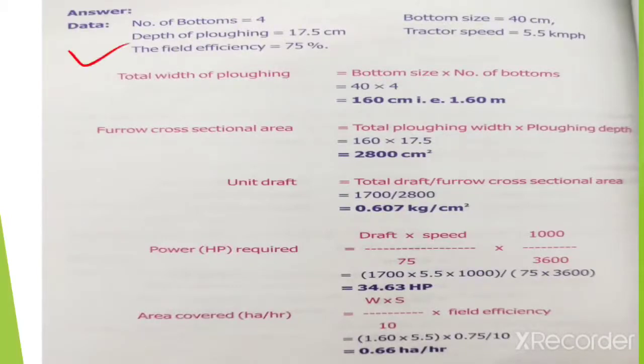This is the data given here. Number of plow bottoms is equal to 4, depth of plowing is equal to 17.5 centimeter, field efficiency is 75%, bottom size 40 centimeter, and tractor speed is 5.5 kilometer per hour.